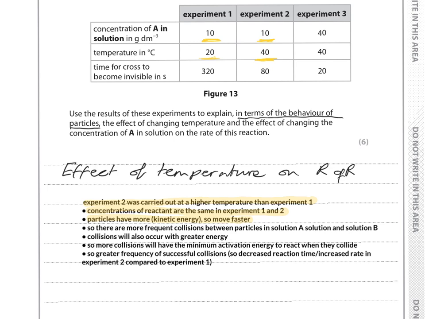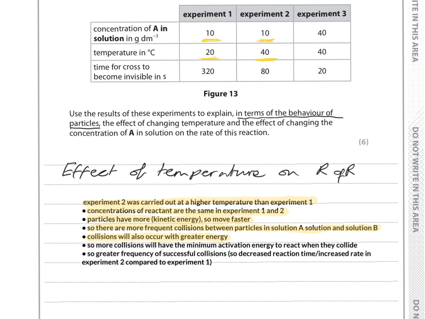Now, between those two reactions, if we increase the temperature, then the particles will move faster, they'll have higher kinetic energy. So there are more frequent collisions, but there are also more energetic collisions. So increasing the temperature has two effects. It means that the particles collide more often, and they also collide with more energy. So therefore you're going to have more collisions with the activation energy, and therefore your rate of reaction is going to go faster. Now, because of those two effects, you're going to have a large effect on the rate of reaction.